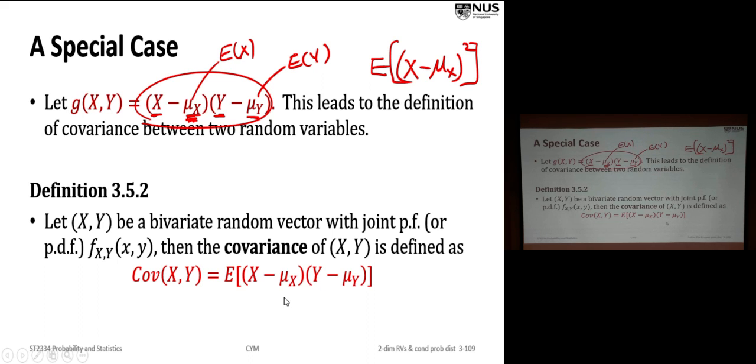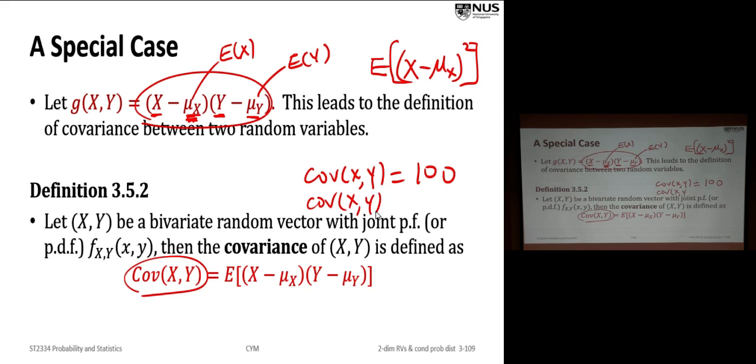This tells us something about how x and y behave. Now, if the covariance of x and y equals, let's say, 100, what does it mean? Compare with the covariance of x and y equal to minus 100. In other words, how do we interpret the covariance being positive or negative?